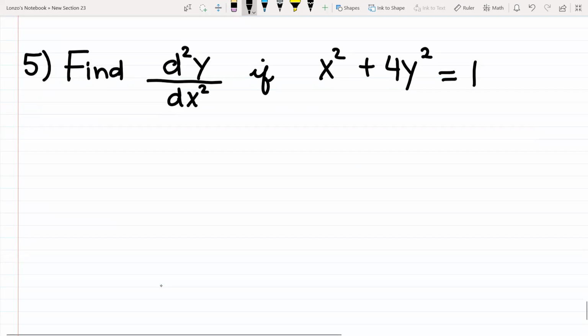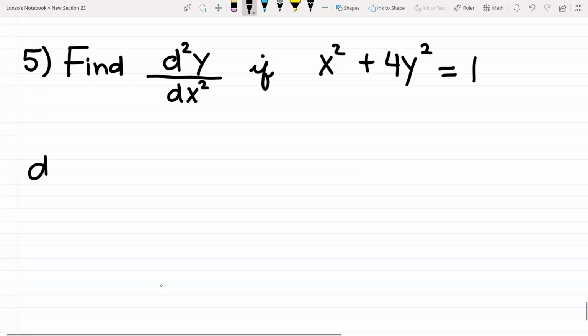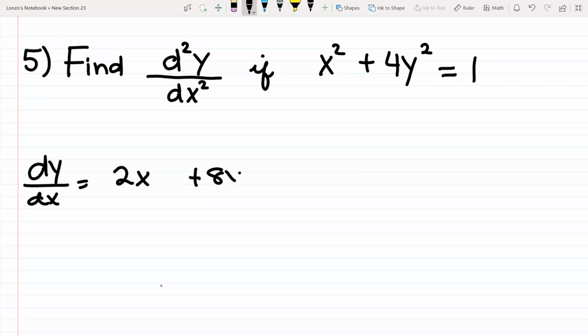So let's find the first derivative implicitly. The derivative of x squared is 2x, plus 8y dy dx. The derivative of 1 is 0. And solve for dy dx.